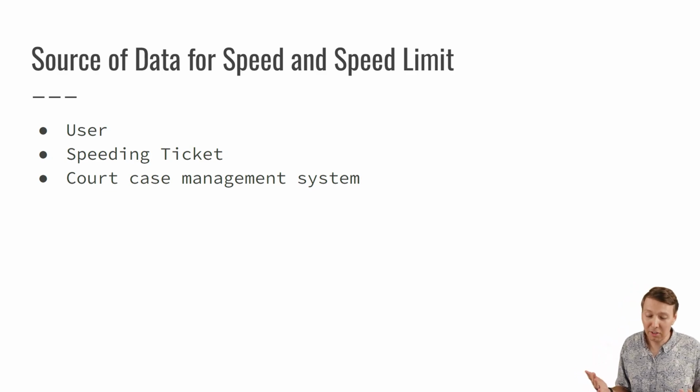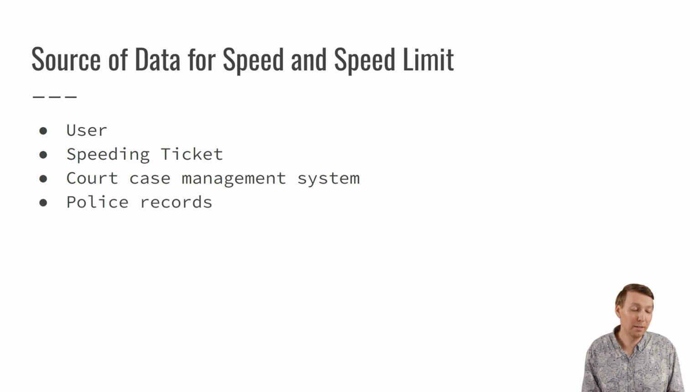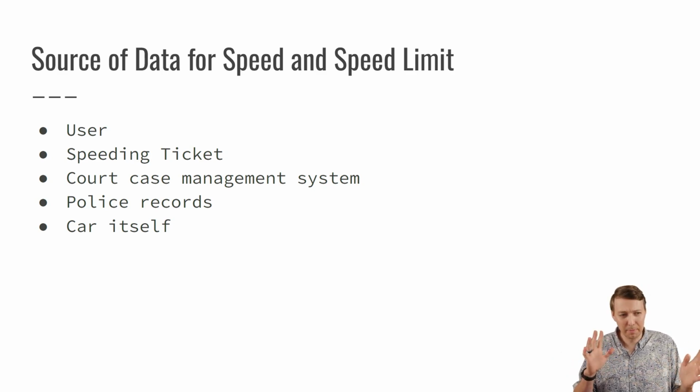The court case management system might have the ability to have your program interact with it behind the scenes and grab that person's information based off something like a name or a case number. Police records, right? Maybe the police system publishes all their arrests, and you might be able to find it that way. The car itself might actually know how fast it was going. Now, how you would access this maybe gets a little bit complicated.